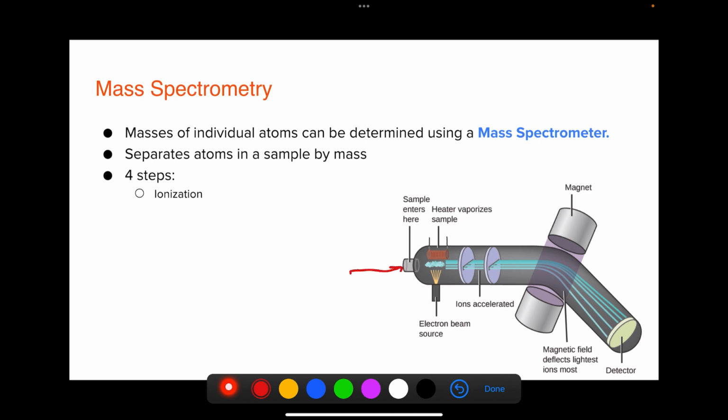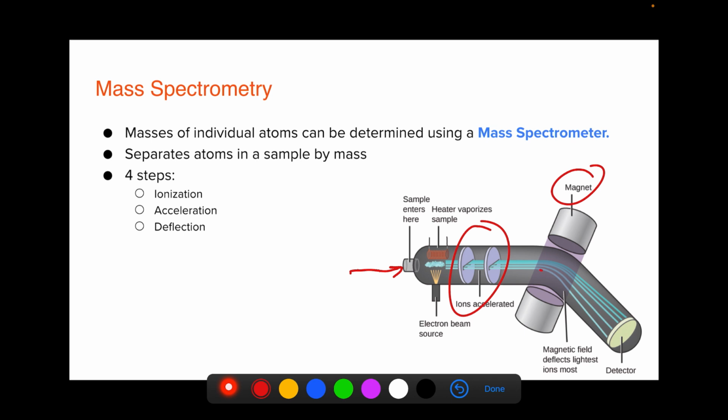First, when you inject the sample, it's ionized, meaning it's turned into ions. From there, it's accelerated, meaning it's just generally sped up. Here's where the separation occurs. The device uses a series of magnets here to deflect the sample. As you may know, heavier ions will deflect less than lighter ions.